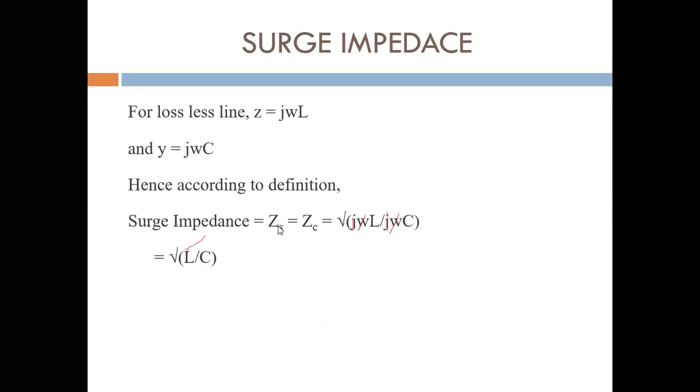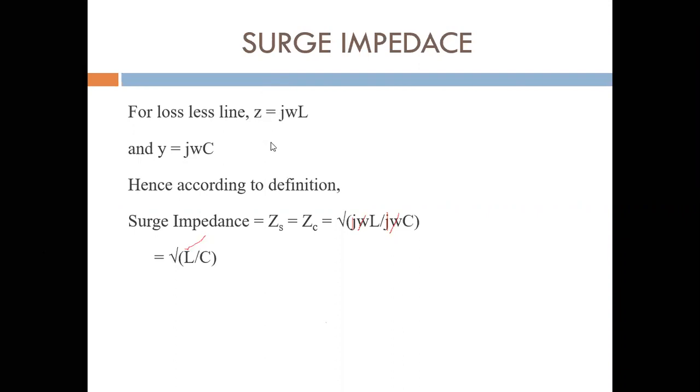Therefore, the surge impedance ZS is equal to ZC, which is equal to the square root of j omega L by j omega C, where j omega gets cancelled. Then we obtain ZC is equal to root of L by C, where L is the Z and C is the Y. Why?